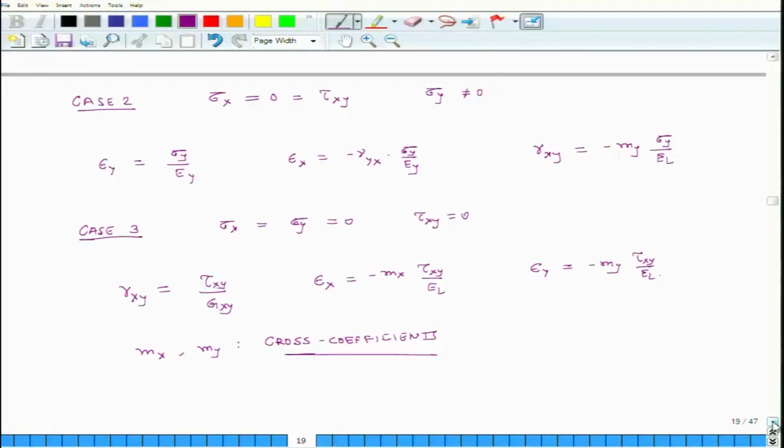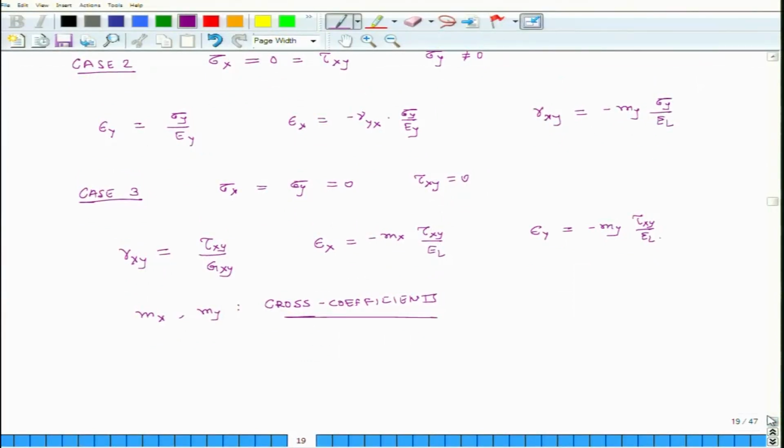Now, here we have how many elastic constants? We have elastic constants Ex, Ey, nu xy, nu yx, mx, my, Gxy. So, we have 1, 2, 3, 4, 5, 6, 7 elastic constants, but we will later see that they are not necessarily mutually independent.